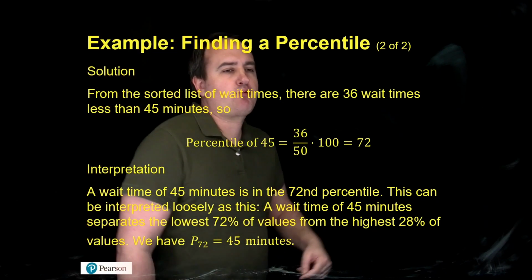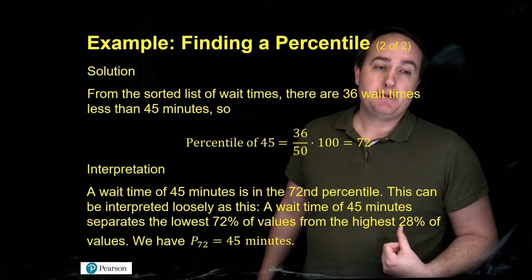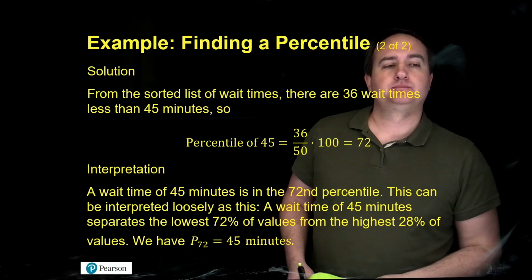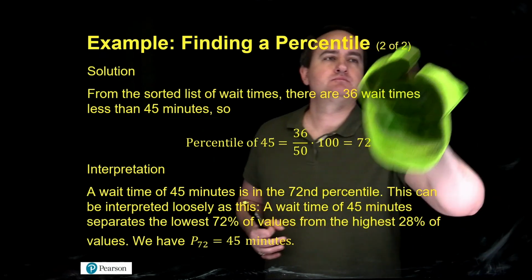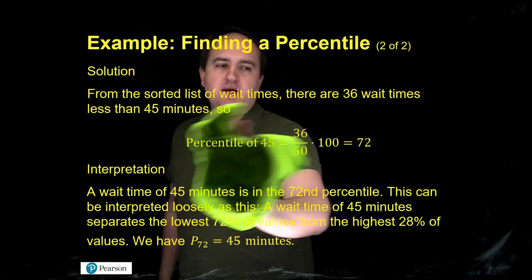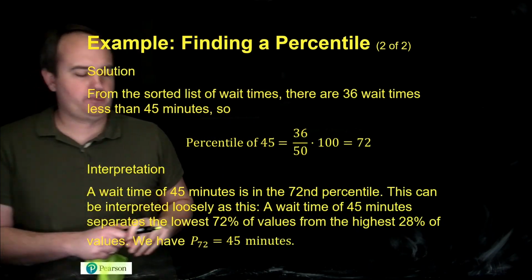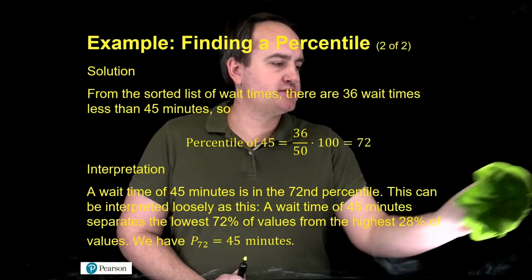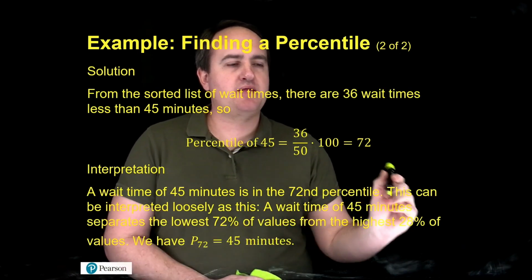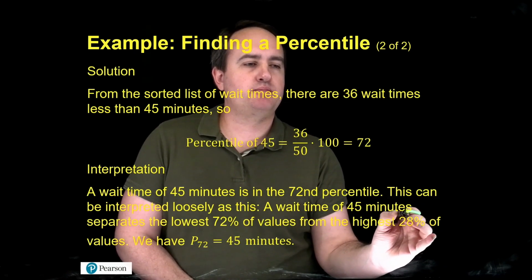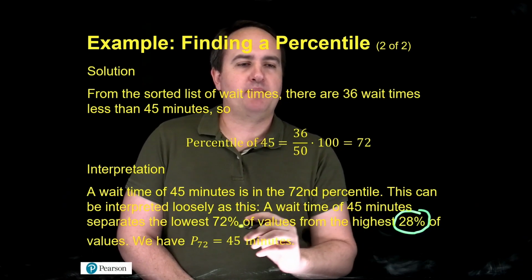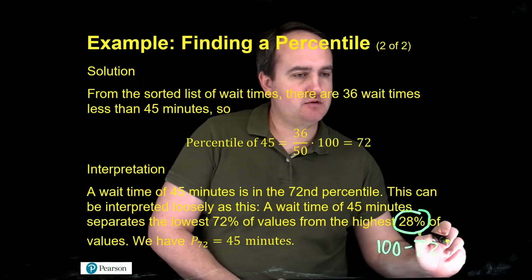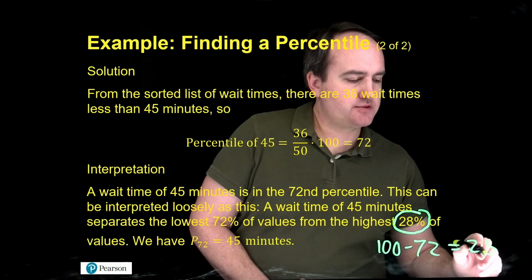And approximately 100% minus 72, which is 28%, would be above P72. Even though you probably won't have to calculate it for your homework, the way they got 28% was they just did 100% minus 72, so 100% minus 72 equals 28%.